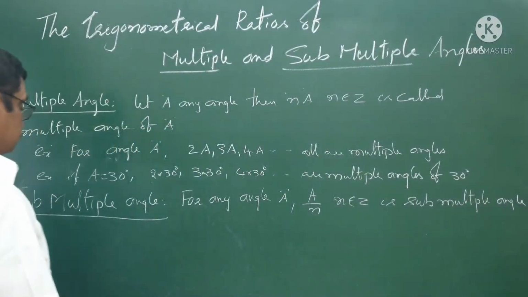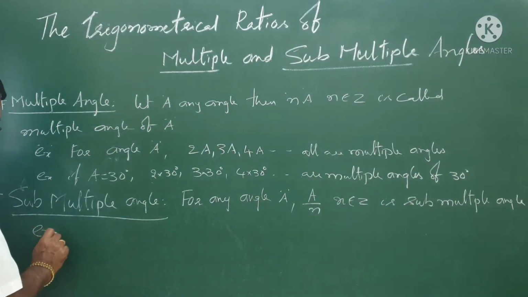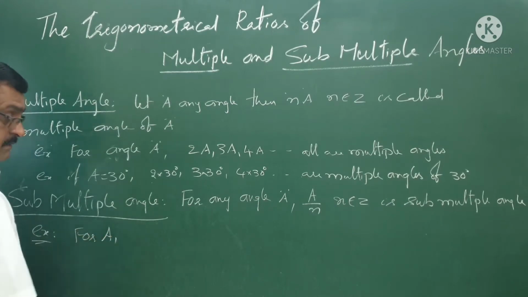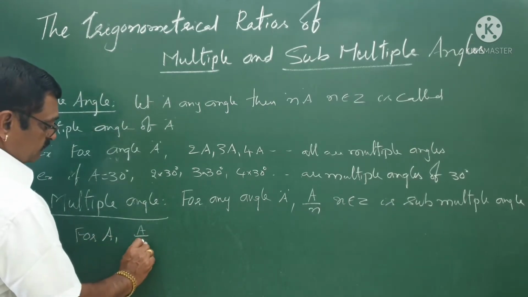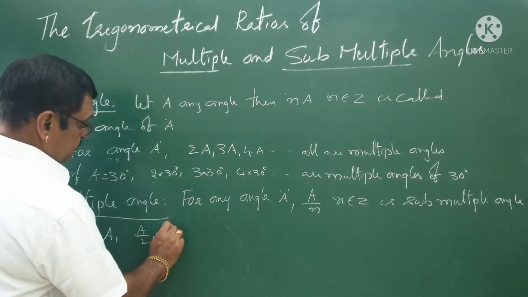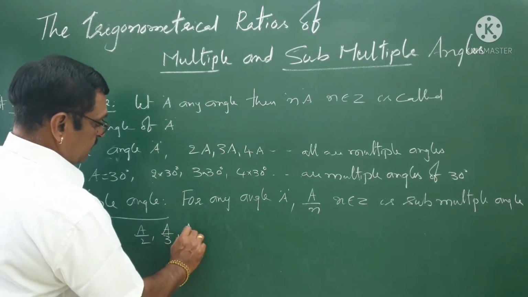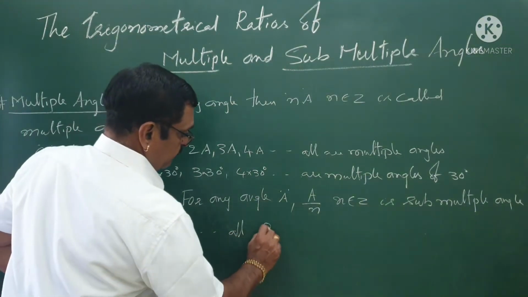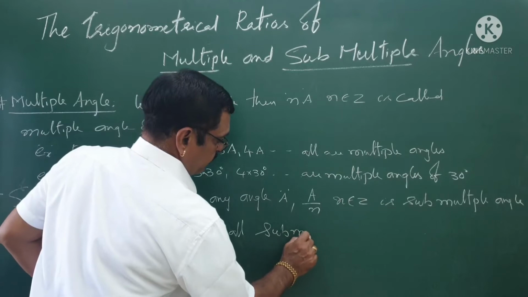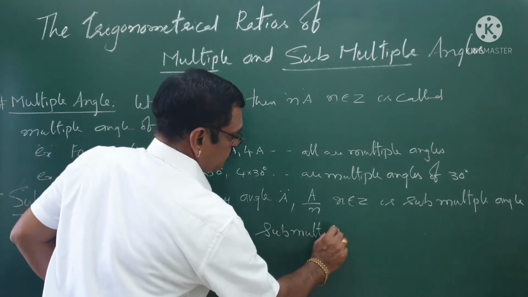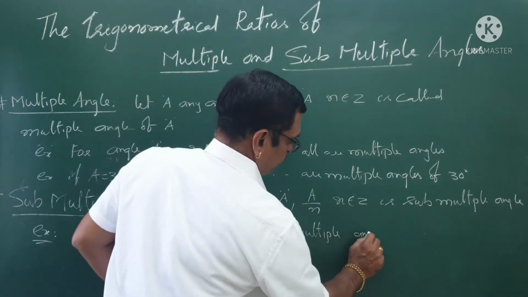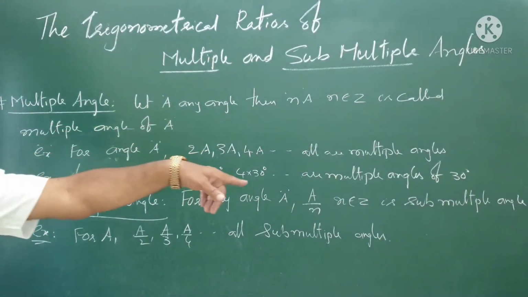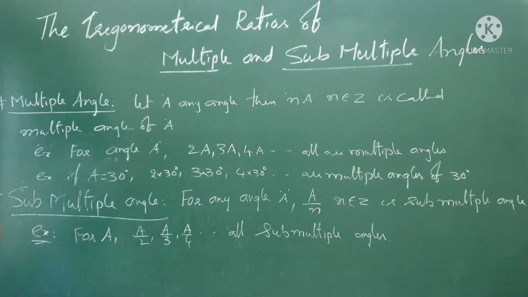For example, A by 2, A by 3, or A by 4 are all submultiple angles. When you multiply, that is multiple. When you divide, that is submultiple.